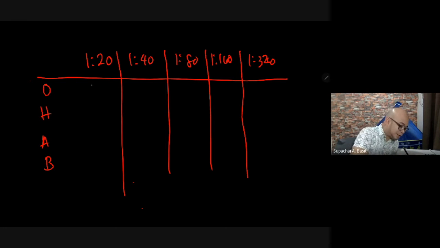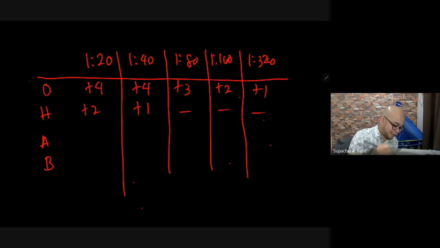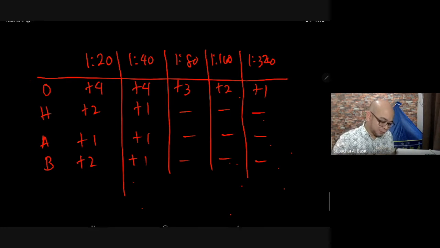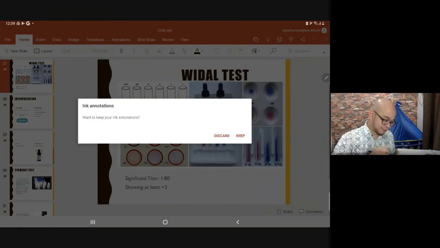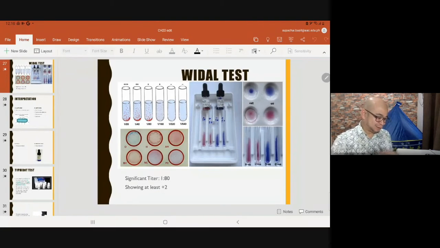So let's say, for example, for patient 4 in the 1:20 well, it is +4, +4, +3, +2, and +1. For the next antigen, it is +2, +1, negative, negative, negative, then +1, +1, then negative, negative, negative. And for B antigen, it is +2, then +1, then negative, negative, negative. You have to look at this. Oops, I lost it. Okay, let me try to draw again.